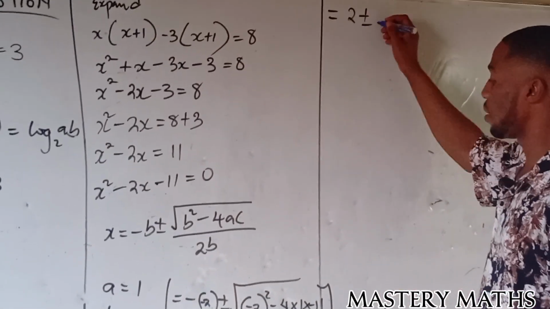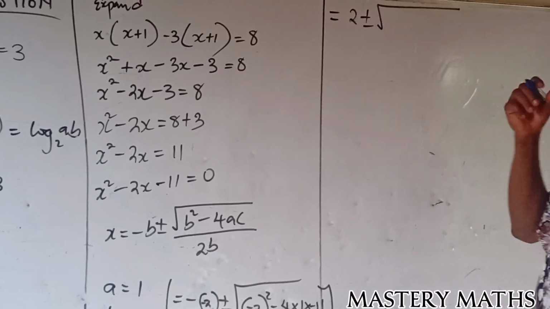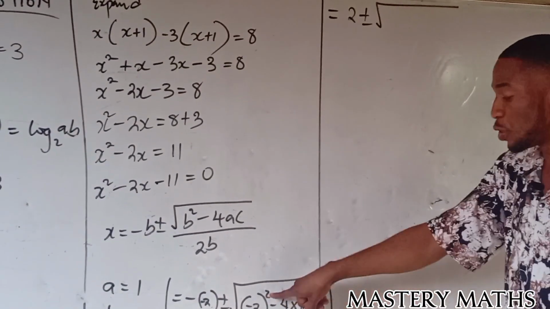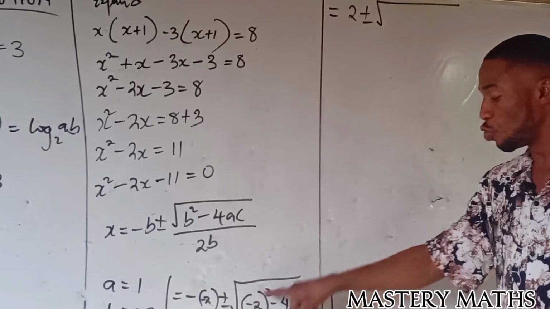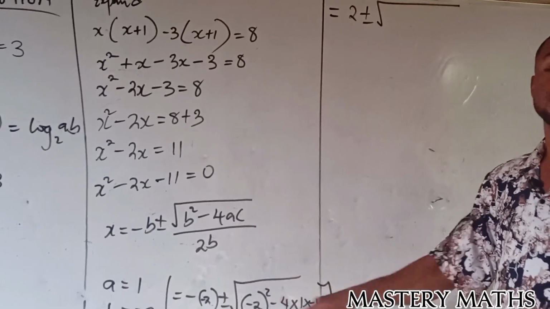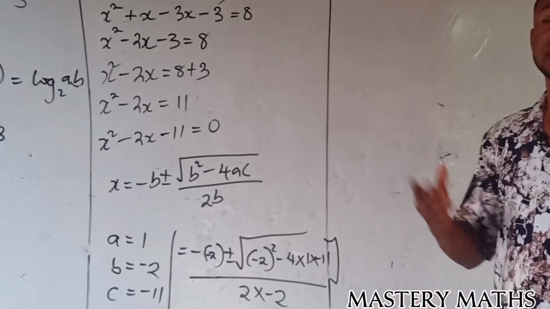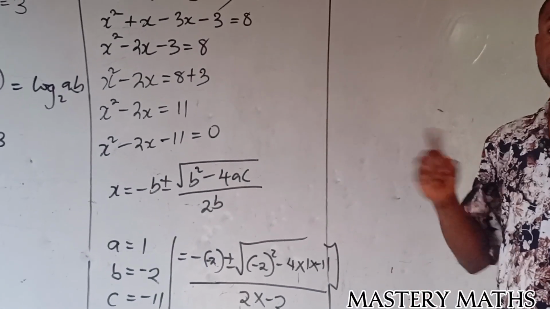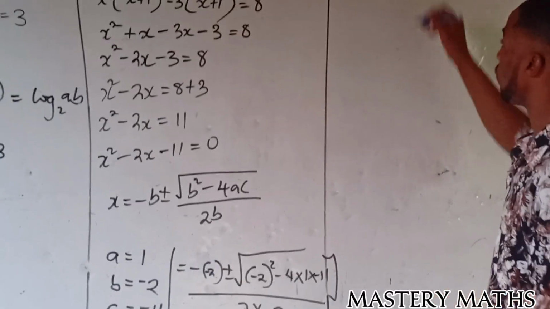Then you have your plus or minus. Then we'll still work on the one there. Now, working on the one here, you have minus 2 raised to the power of 2, which means minus 2 times minus 2. Minus 2 times minus 2 is a positive 4, because minus times minus is plus. So we have 4.